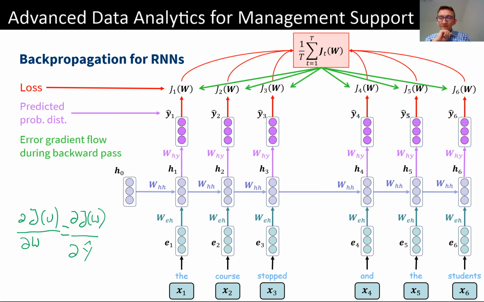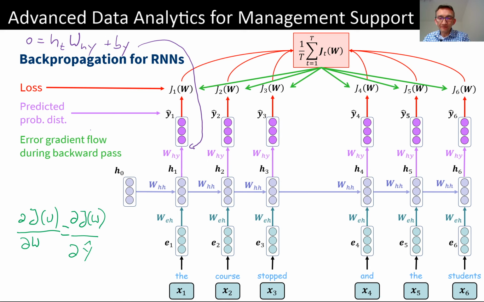And if we denote that by O, I need a new symbol, let me use the symbol O. If I have O equal to h_t times W_hy plus b_y, then this is basically what I have here at the input to our softmax.